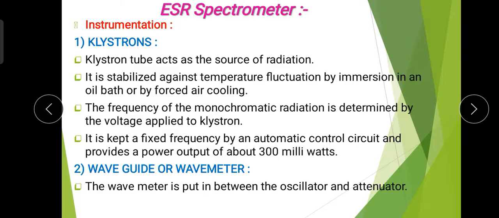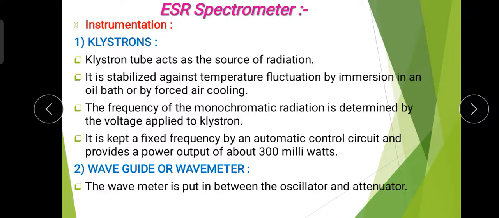Now the second component is the waveguide or wavemeter. The name indicates that it is used for the measurement of wavelength. The wavemeter is put in between the oscillator and attenuator, the components next to the klystron.